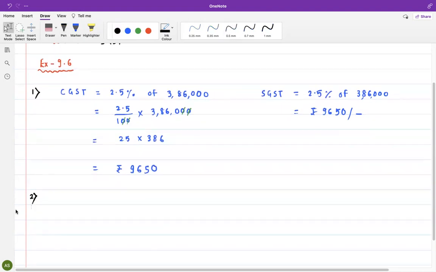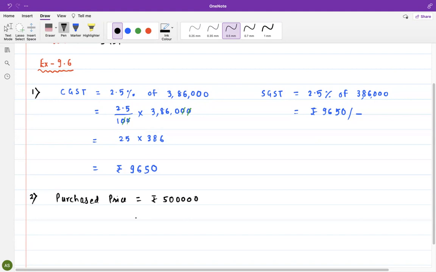Janvi Gas Agency purchased some gas cylinders for 5 lakh. So the purchase price is rupees 5 lakh.